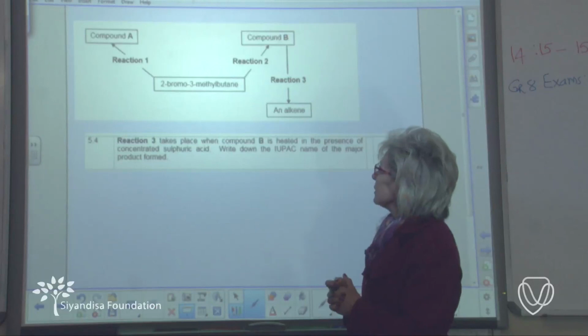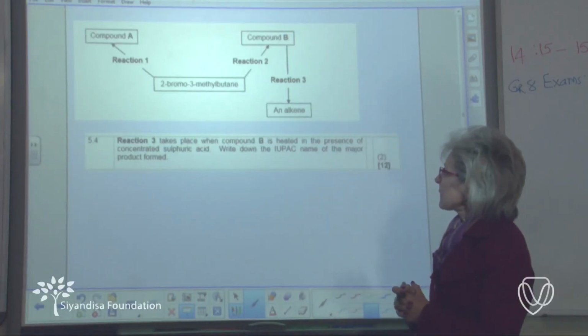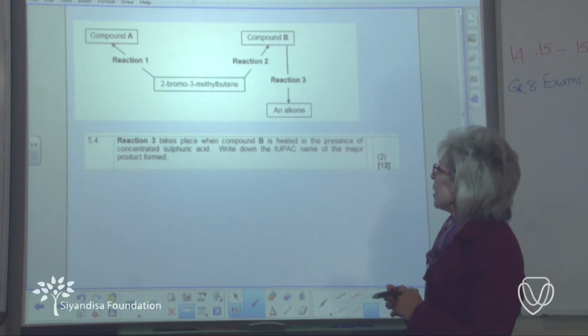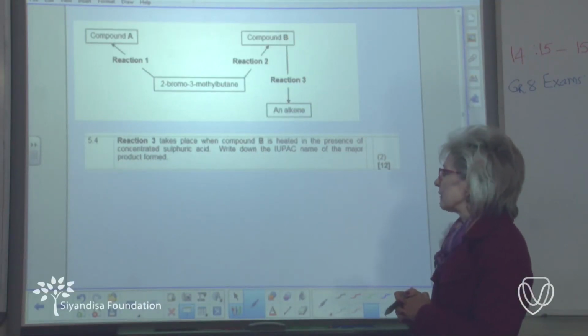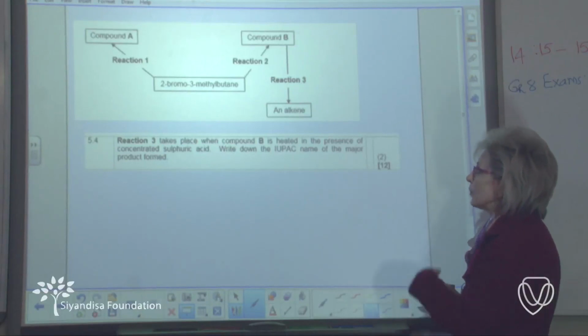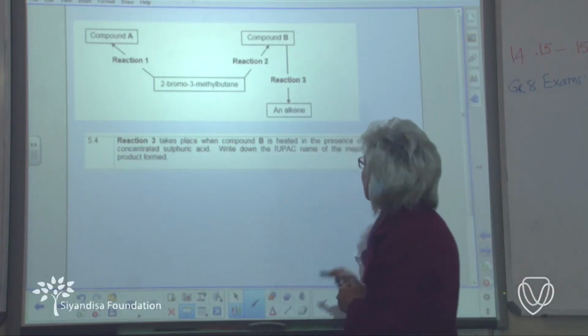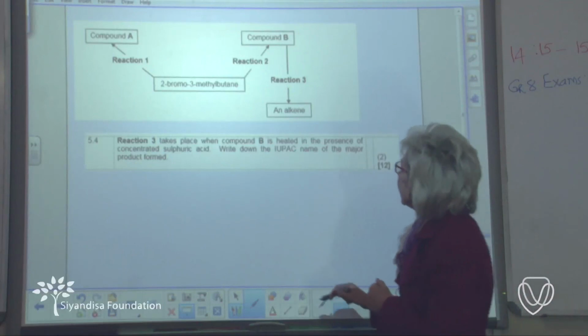We now look at reaction 3. Reaction 3 takes place when compound B is heated in the presence of concentrated sulfuric acid. Now remember, if we go back to what we've done, compound B was the alcohol.